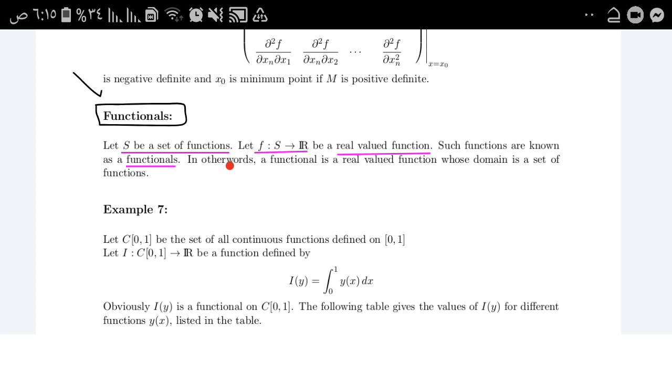In other words, a functional is a real valued function whose domain is a set of functions.